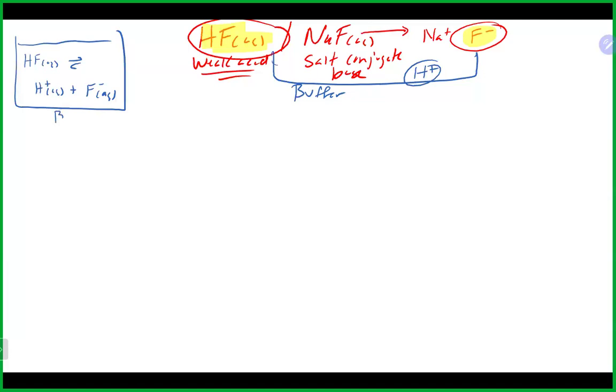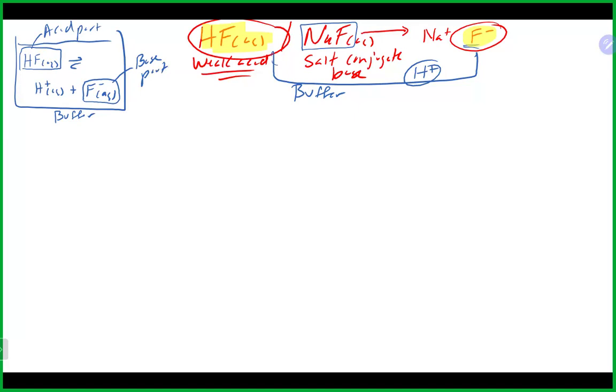And we will have our buffer. We're going to help it by adding our sodium fluoride, which will give us a little bit more fluoride in there. So now in this solution, we have a pretty good amount of both the acid part of the buffer and the base part of the buffer.